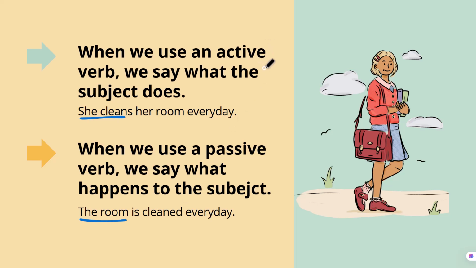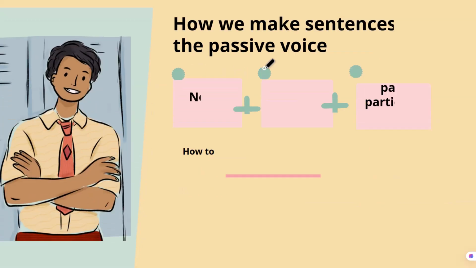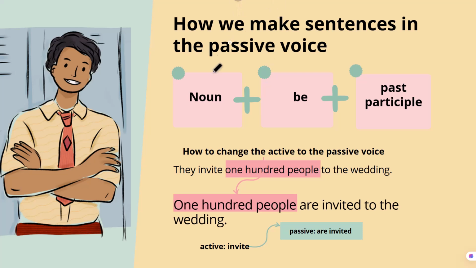Okay. Next. So, how do we make sentences in passive voice? Let's go over it. Here we have a noun, which can be anything: your dog, your car, your favorite drink.